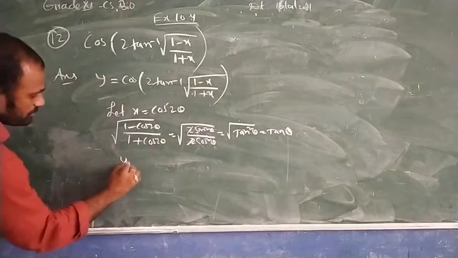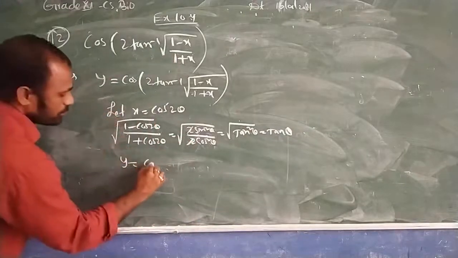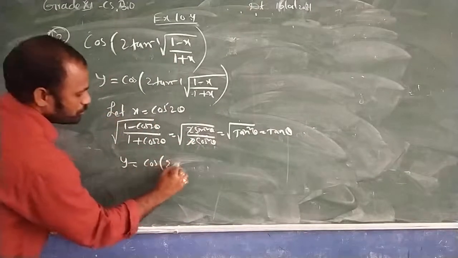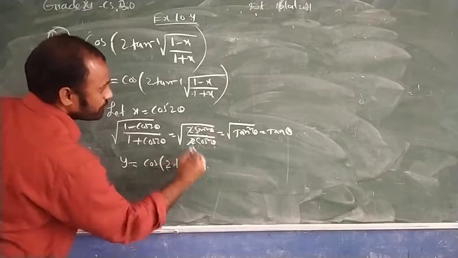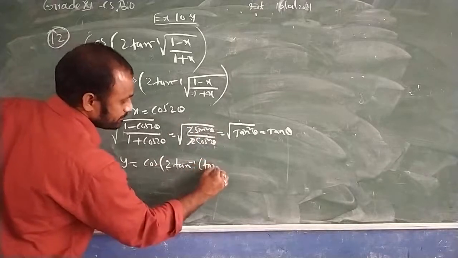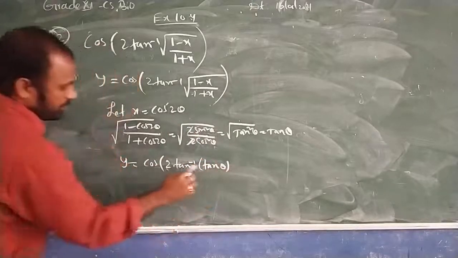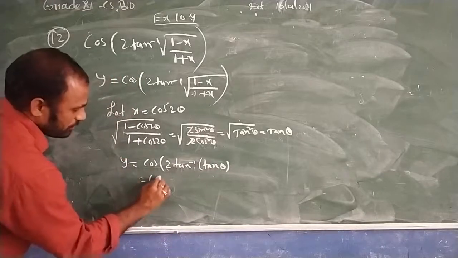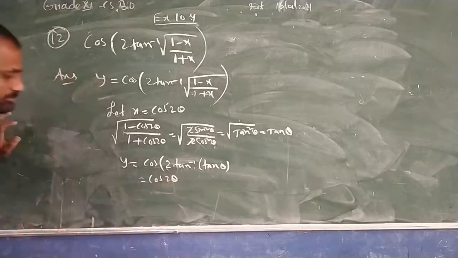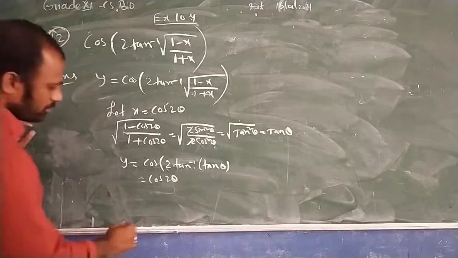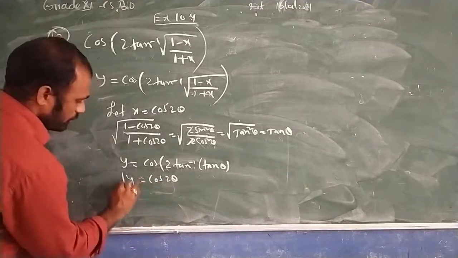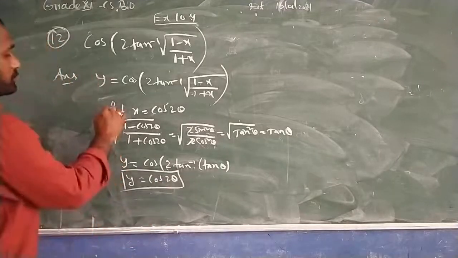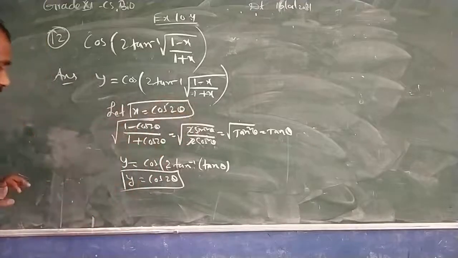So the function becomes y is equal to cos of 2 tan inverse of tan theta. Tan inverse of tan theta is theta, so the answer is cos 2 theta. Y is equal to cos 2 theta, and here x is equal to cos 2 theta.